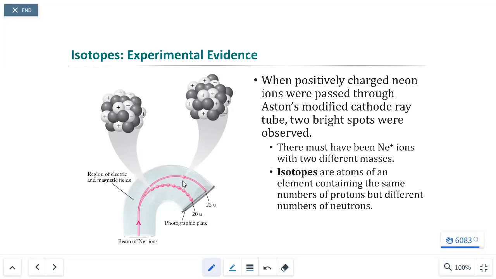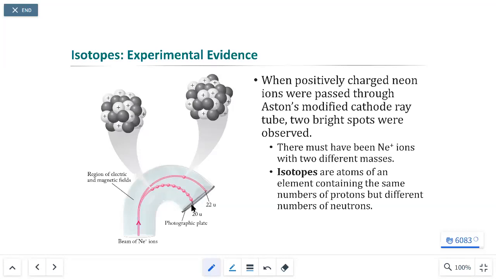What happened in that experiment was basically they shot a beam of charged ions into a magnetic field, and it caused the beam of ions to actually split.